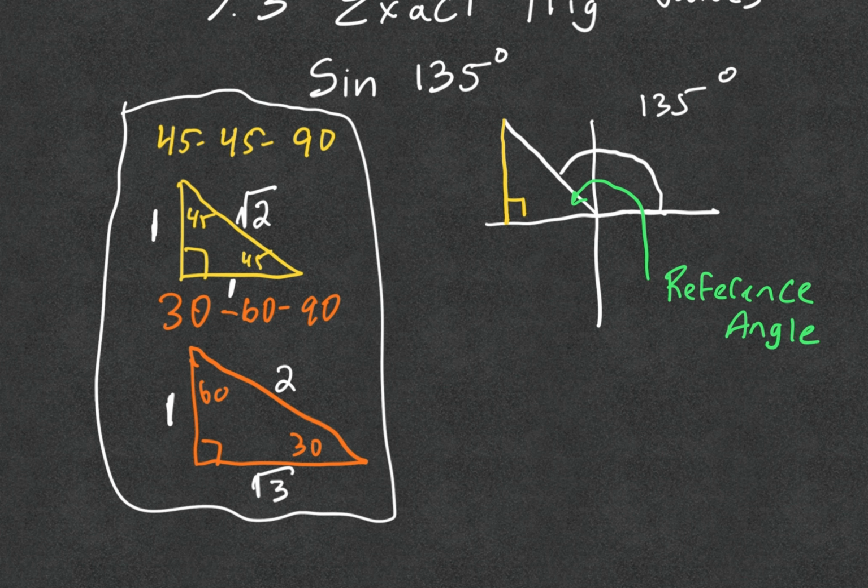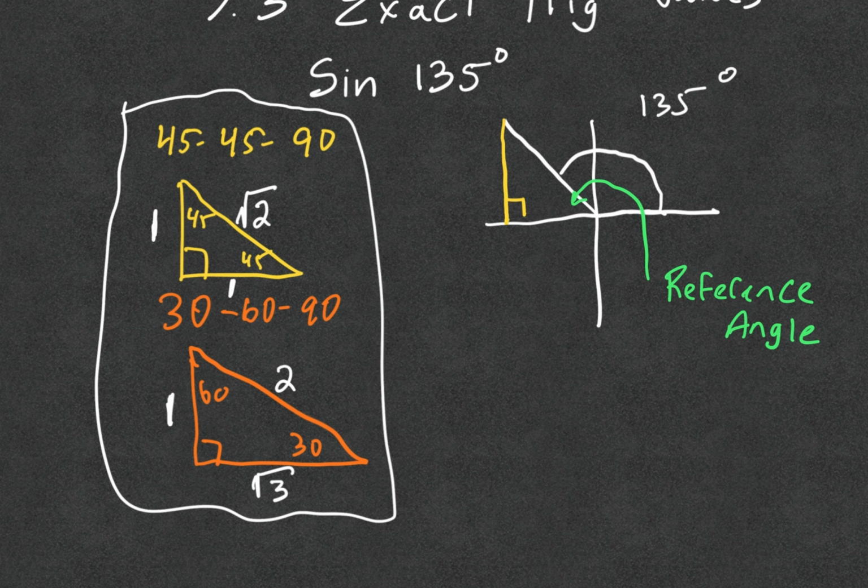The reference angle is the angle that's created from your terminal side to the x-axis. And it's always going to be less than 90 degrees. It goes from terminal side to the x-axis, never to the y-axis, always to the x-axis. That angle is the angle that we're always going to use to find our ratios.